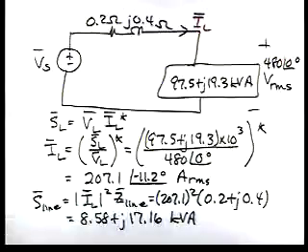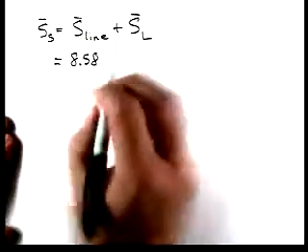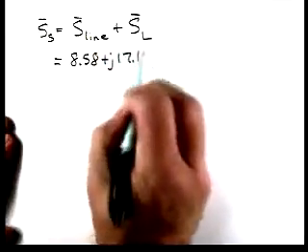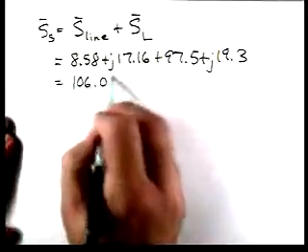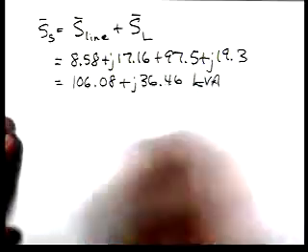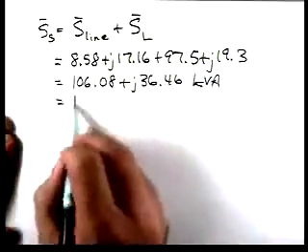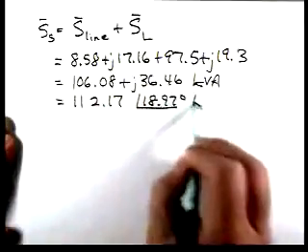Now, by Tellegen's theorem, we know that the complex power supplied by the source is S of the line plus S of the load. So we have 8.58 plus j17.16 plus 97.5 plus j19.3. That's 106.08 plus j36.46 kVA, or 112.17 at an angle of 18.97 degrees kVA.